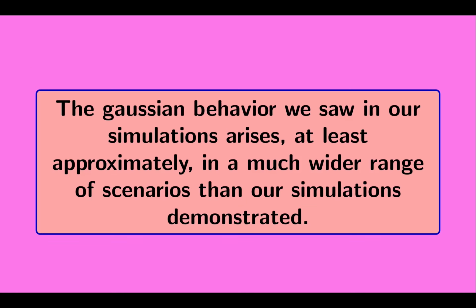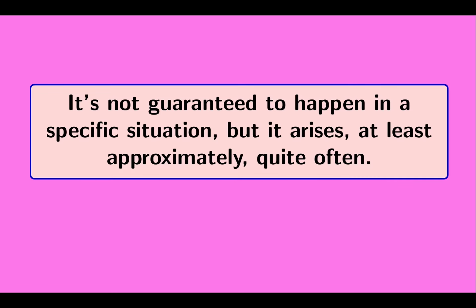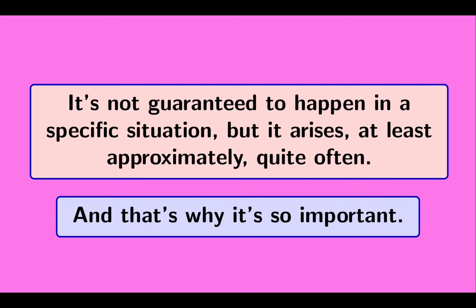The Gaussian behavior we saw in our simulations arises, at least approximately, in a much wider range of scenarios than our simulations demonstrated. Gaussian behavior is not guaranteed to happen in a specific situation, but it arises, at least approximately, quite often. And that's why it's so important to understand Gaussian errors.